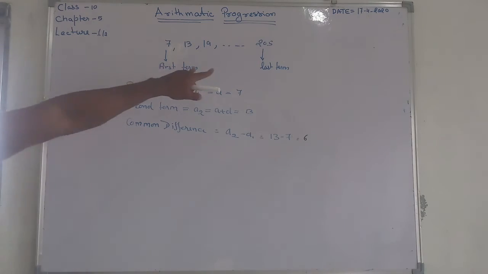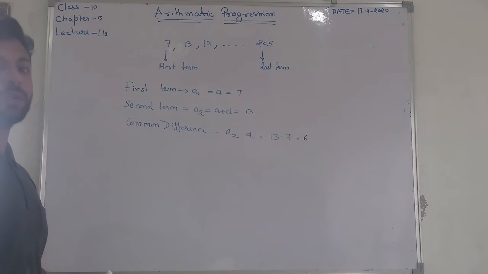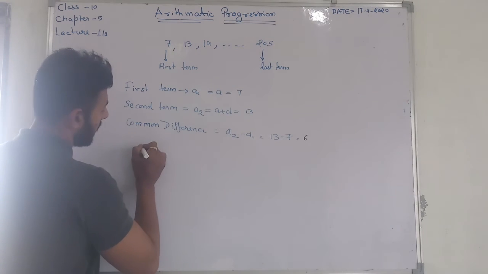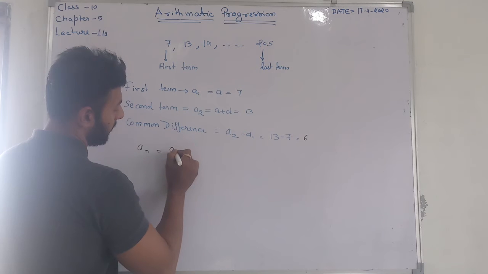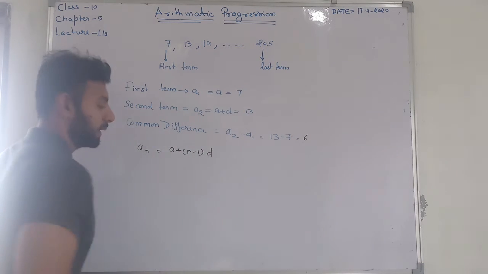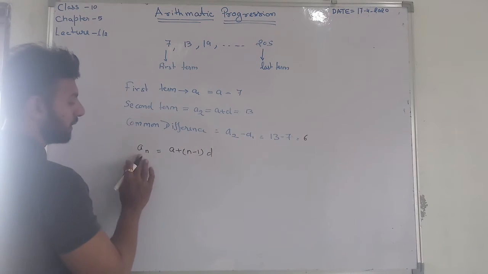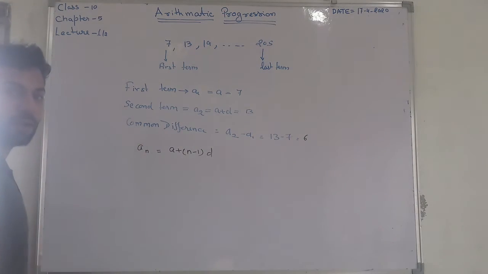Now, we are given the last term as 205 and we know the general formula for the nth term, which is an equal to a plus (n minus 1) into d. Here the last term is given and we have to find the value of n.